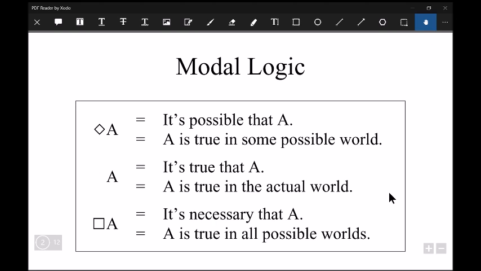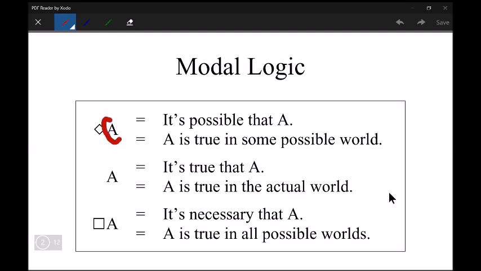What is modal logic about? Well, it's about necessity and possibility. And it builds on propositional logic. So, like before, capital letters stand for whole statements that are true or false. And so also with modal logic.